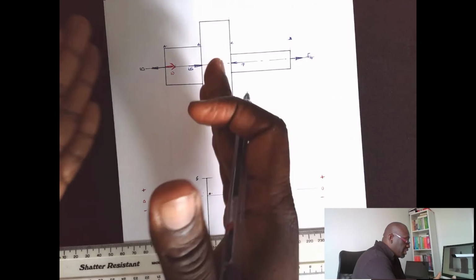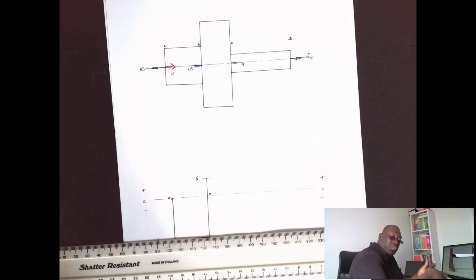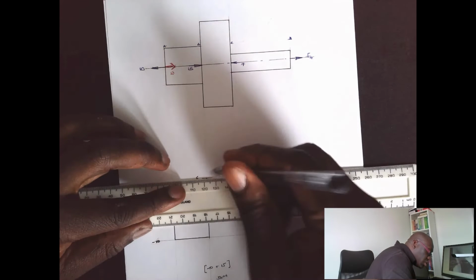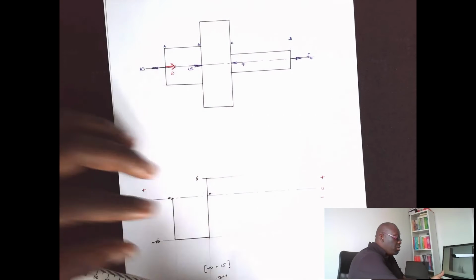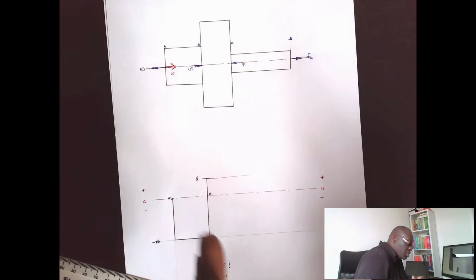Okay, so similar to section AB, within the material that internal force will be consistent through the section until we get to the surface of BC, moving into CD.